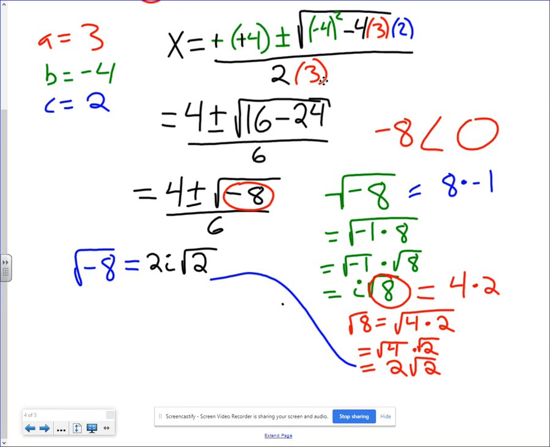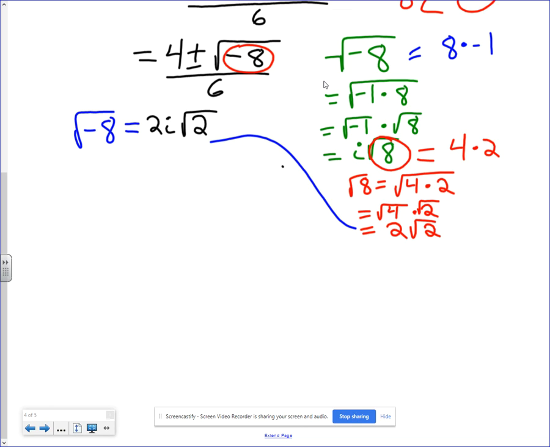And now we can take this value and substitute it in for the square root of negative 8 in our solution. So, it'll be 4 plus or minus 2i radical 2 over 6. And now we can go ahead and see if we can simplify this any further, and everything here is divisible by 2.